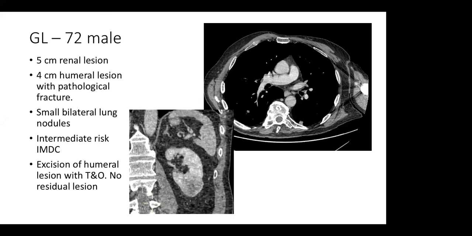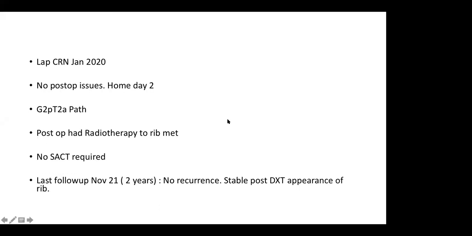So again, this is an example of an intermediate case where we have done case-by-case selection, and despite that, with bone mets, some oncology groups may not be in favor of cytoreductive nephrectomy. But in a patient who could have serious morbidities with surgery or systemic therapy, I think it was worth taking a chance and seeing how her disease behaves. So that's another thing I mentioned about clinical judgment.